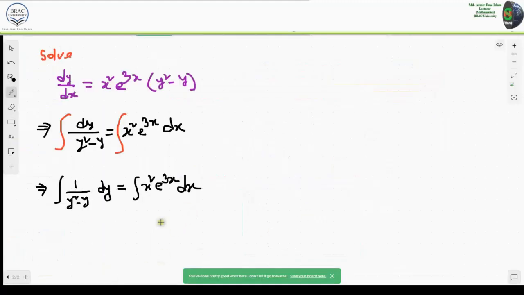So you can see, we have to find the solution for y. Finally we will get y equal to f of x from these two integrals. So here we have two indefinite integrals. The first one we can call I1 and the second one is I2.